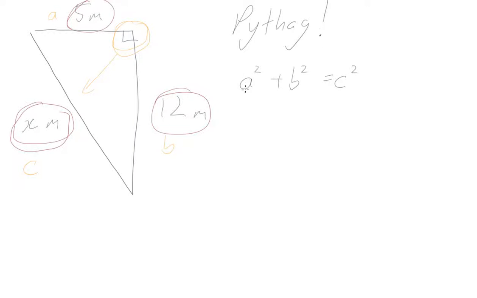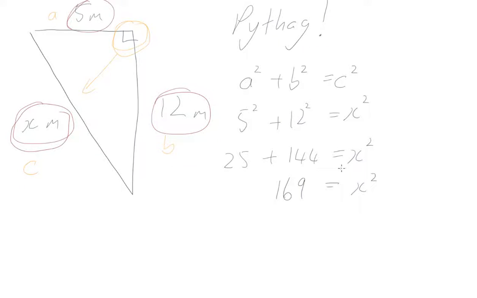Substituting into my equation, a is 5, so 5 squared, plus b squared, b is 12, equals c squared, c is x, so x squared. Working this side, 5 squared is 25, 12 squared is 144, still equal to x squared, which hasn't changed. 25 plus 144, reach for the calculator if you need to, is 169, is x squared.